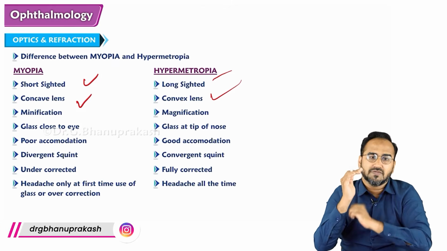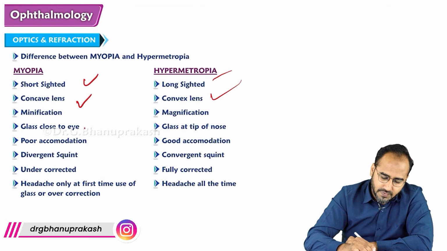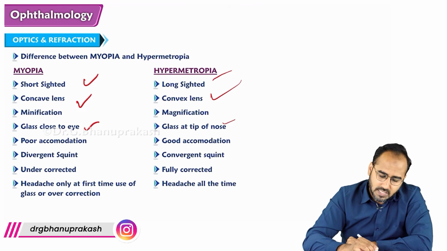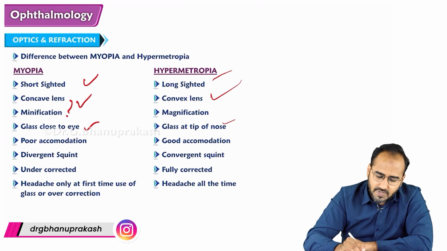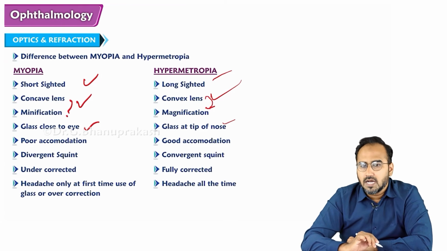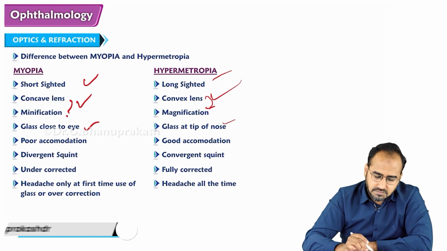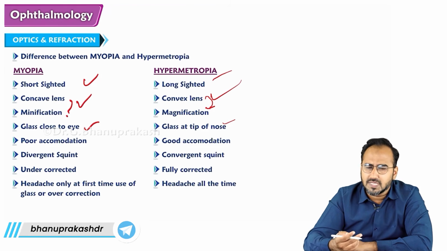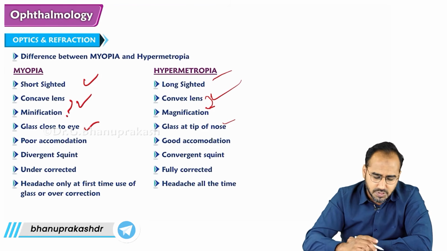Concave glasses cause minification in myopics, whereas convex glasses cause magnification in hypermetropics. Accommodation is a problematic thing in hypermetropia, but with the convex glasses, it becomes good.